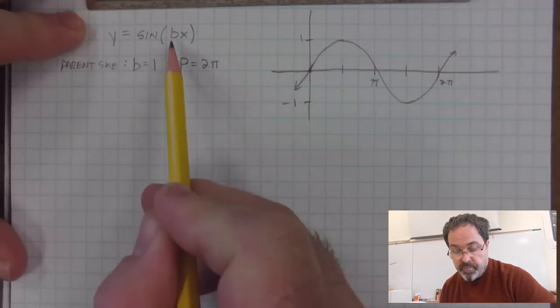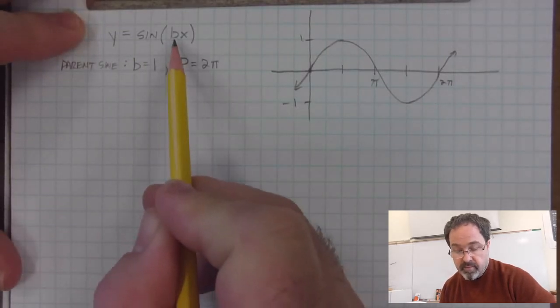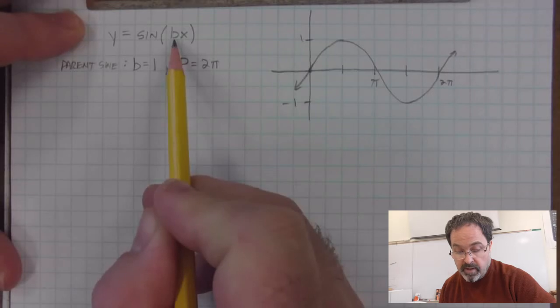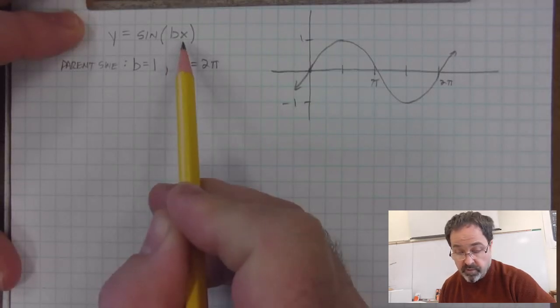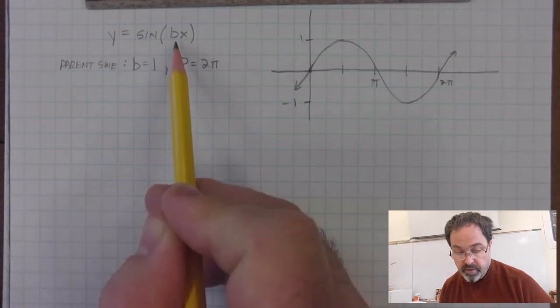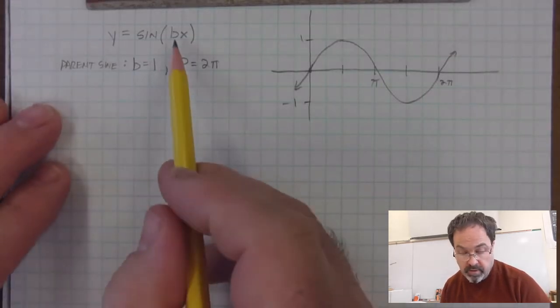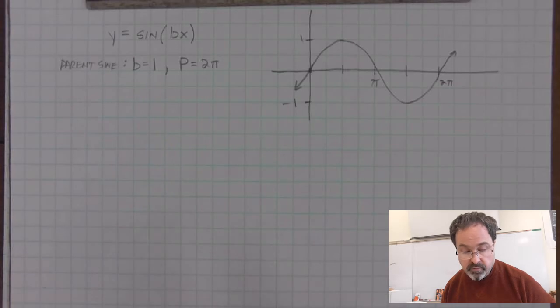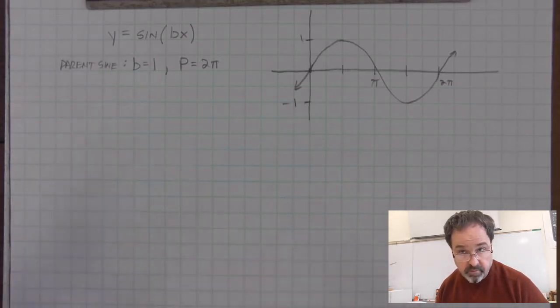Thinking of this b as a transformation, it's a horizontal transformation because it affects x. When you multiply, you get a dilation. Depending on what you multiply, your dilation could compress or stretch.